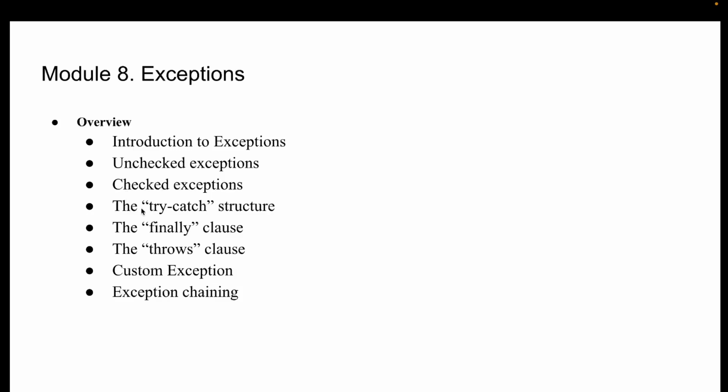There are different types of mechanisms, like the try catch block, then the finally clause, then we have the throws clause. We'll go through these one by one. Then there is custom exception. Sometimes you would want to define your own user defined exception. You will be using custom exceptions a lot when you create real time projects.